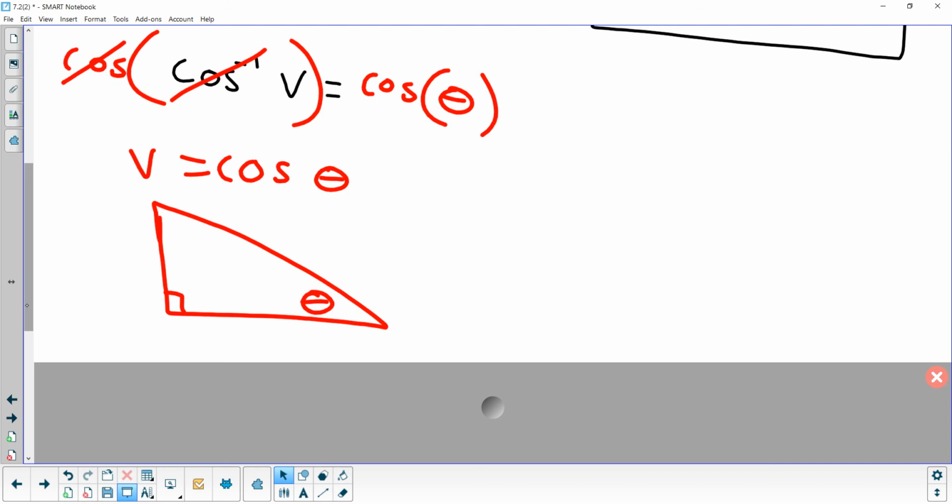So can anybody tell me what I could label the adjacent side as and what I could label the hypotenuse as, so that if I take the cosine, it comes out to v? Yep. You could label the hypotenuse 2v and then the adjacent 2. Okay, so you could do that. How about even simpler? But that's exactly the right idea.